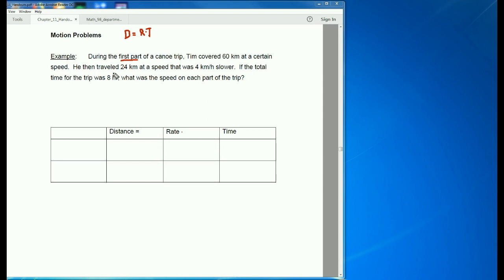He then traveled 24 kilometers at a speed that was 4 kilometers per hour slower. So that is the second part, okay? So the first part and then the second part, okay? And the second part is kind of defined by the fact that he was going slower.